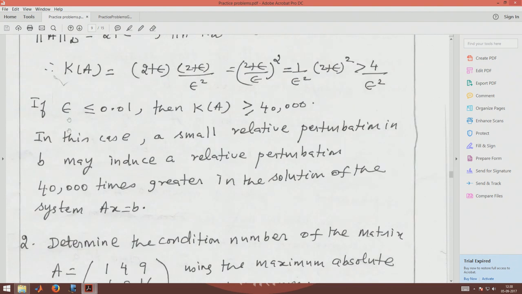In that case, the condition number becomes very large, and so this says that a relative perturbation in the right hand side may induce a relative perturbation 40,000 times greater in the solution of the given system Ax is equal to B. So, change in some entries in A will give the corresponding changes in the solution, and that is going to be 40,000 times greater in the solution of the given system Ax is equal to B.